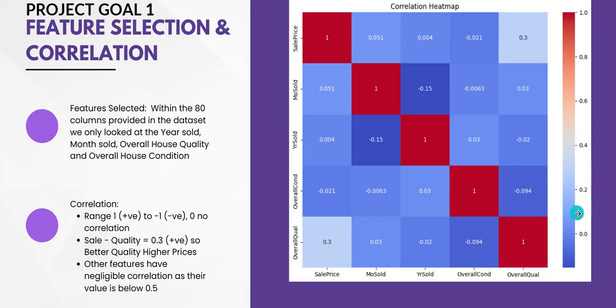If it's 0, it means that it has no correlation. And if it's below 0, it has a negative correlation. Now, other than the house quality against the sale price, it was the only feature that had a positive correlation, with a 0.3. The rest of the features, unfortunately, were negligible because their value was a lot less than 0.5.